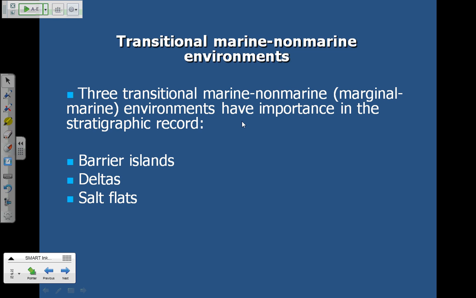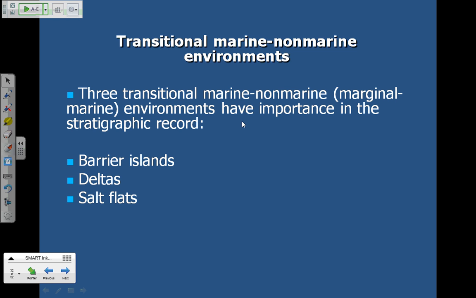So if we think about our continent like this, sea level's here, then our transitional environments are going to be here. If we raise that up, then our transitional environments are going to be up there. Okay, so very important for documenting cycles within the Earth.